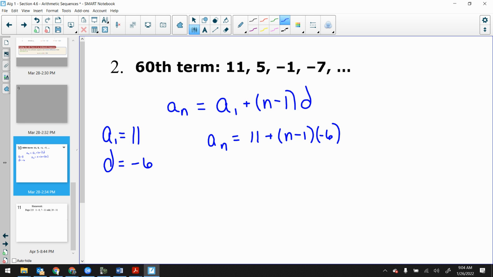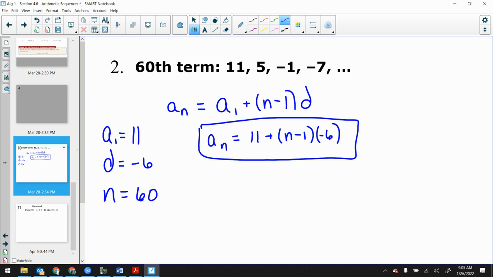Now, that's part of my answer. And then the last part of my answer. Please don't say a sub n is 60. That's not true. N is 60, not a sub n. A sub 60 is the term that you were looking for. N is the 60th term.